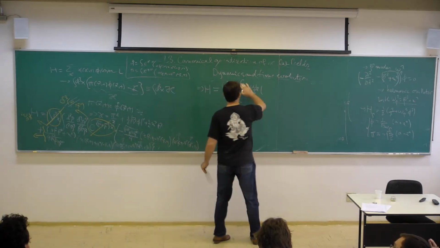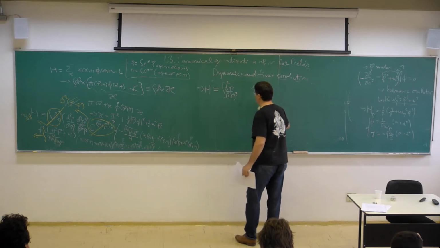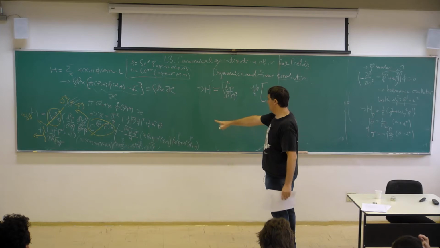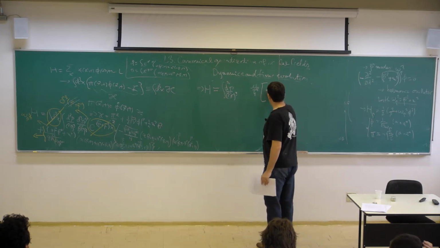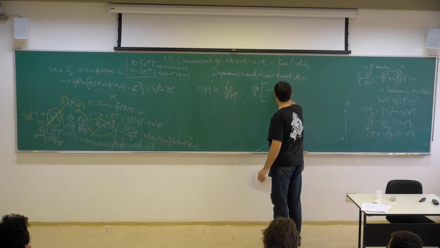So omega p over 4 is finally a common factor to all the terms. Now let me write here minus a of p t, a of minus p t.